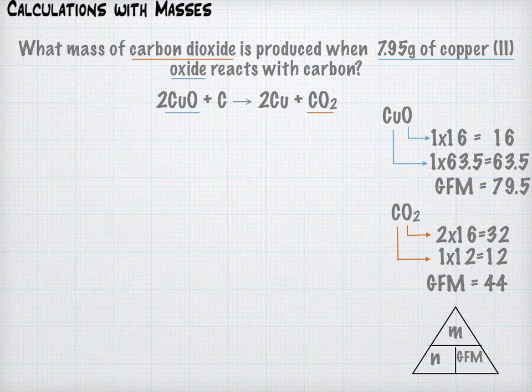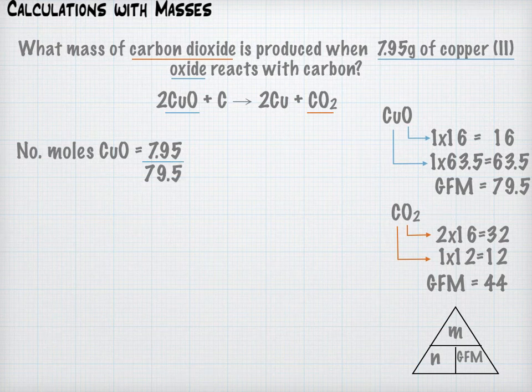And I see that the number of moles is the mass divided by the gram formula mass. Okay, so that's 7.95, I get that from the question, divided by 79.5, that's the gram formula mass we worked out on the right. Okay, and that comes out as 0.1. Okay, the numbers won't always be quite that simple. I've kept them simple here to make understanding what's going on a bit easier.